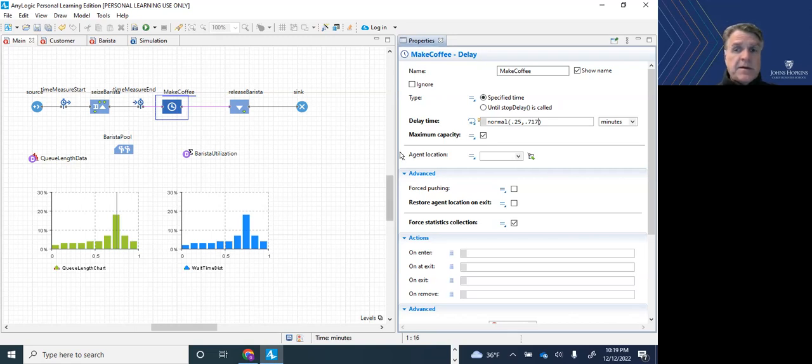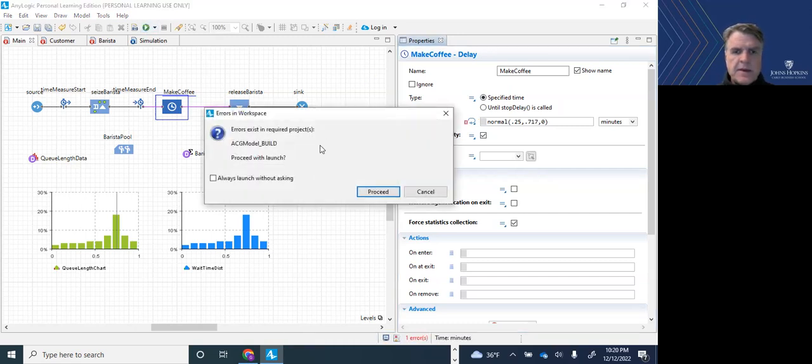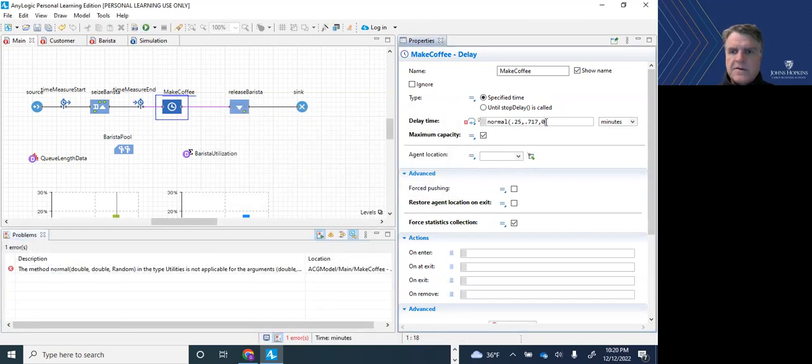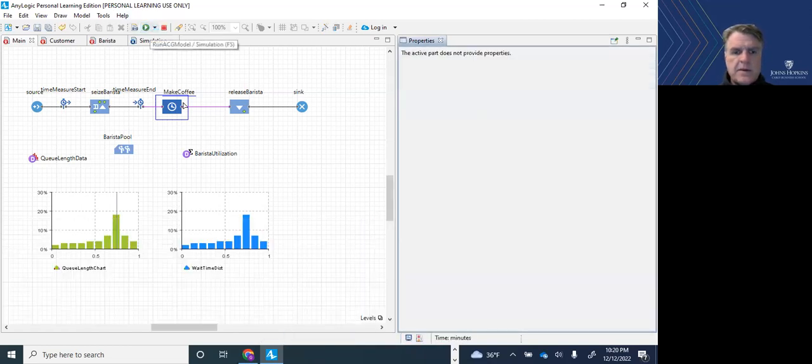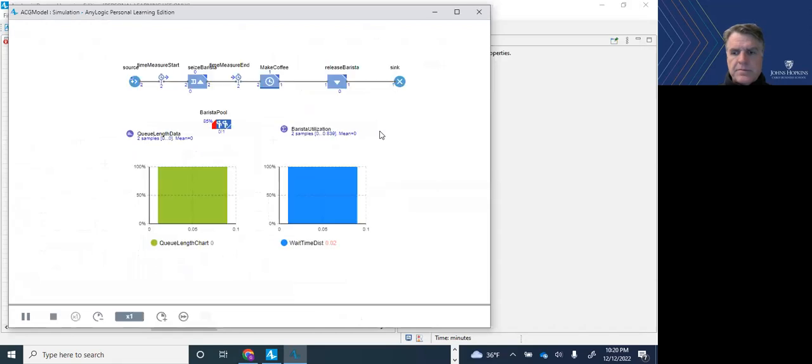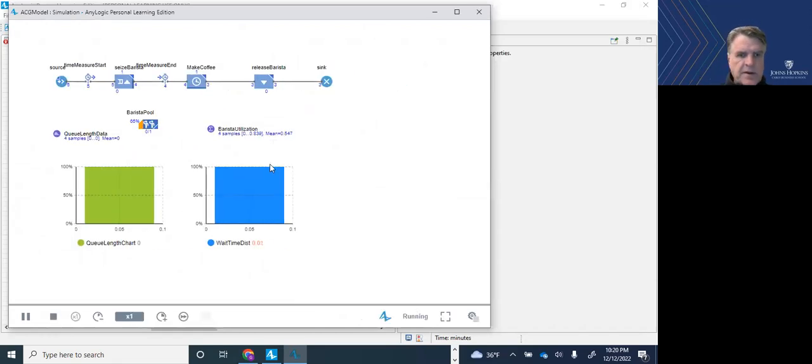I think I have to have another 0 in there. Just to make sure, I'll try and run this. Yeah, don't need the 0 in there. Let's try that. Apparently I don't need the 0.